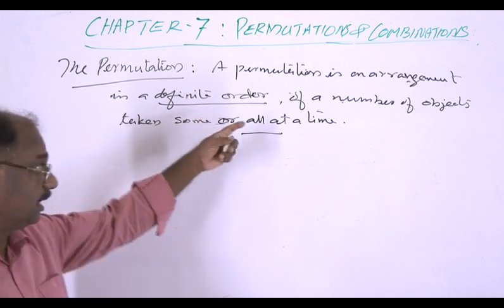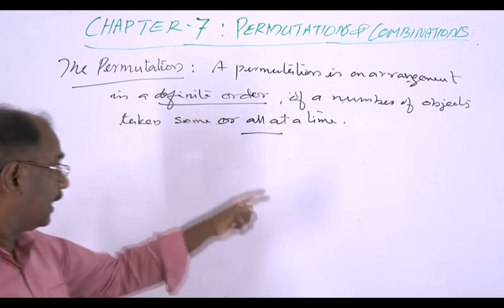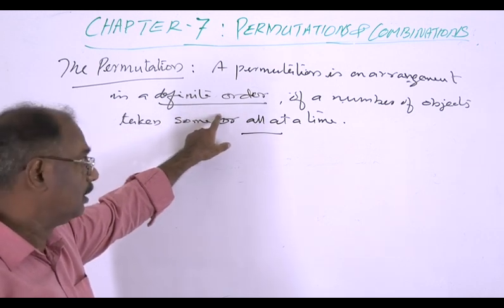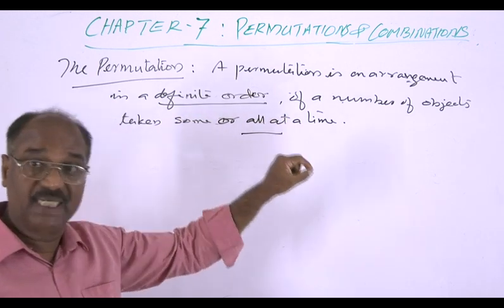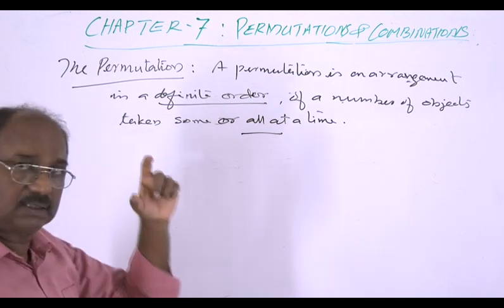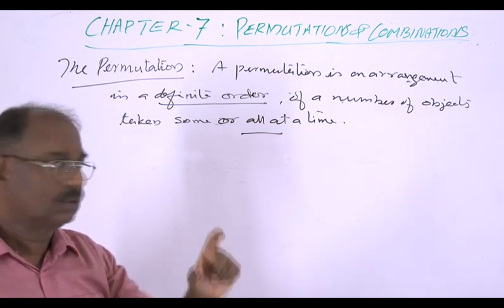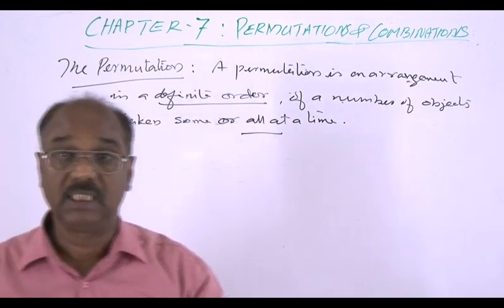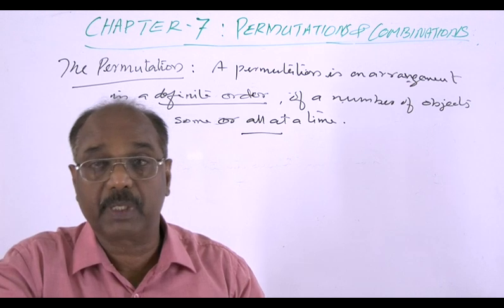A permutation is an arrangement in a definite order of a collection of objects taken some or all at a time. That is the permutation.